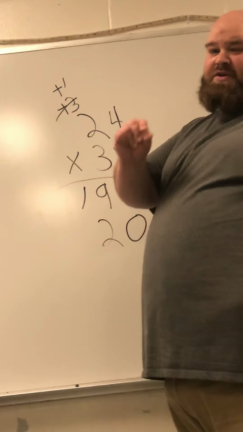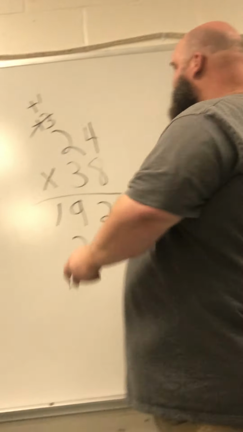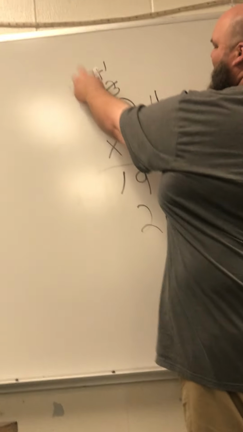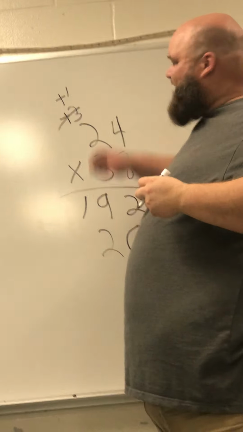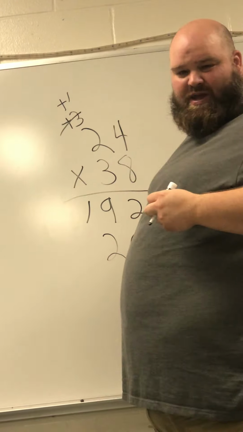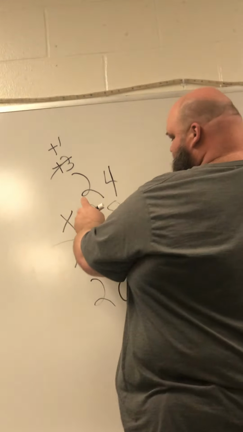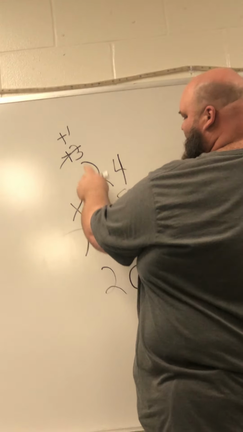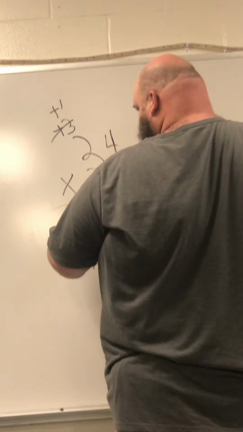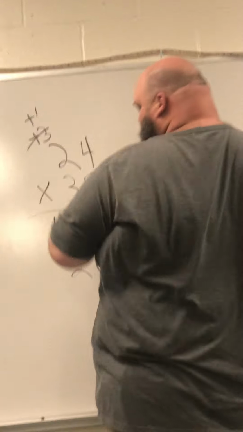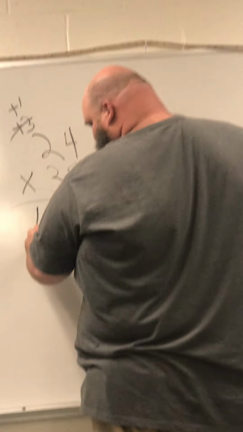And remember, another mistake that is commonly made is we multiply, then add that. This group number does not get multiplied. It gets added after multiplication. So now I'm doing 3 times 2, which is 6. Then add that 1, which is 7.